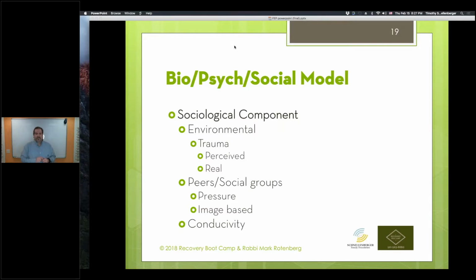Now, I will say this. None of you abandoned or rejected your family members. Trauma is an interesting dilemma because it's a perceived dilemma. And what the addict perceives as their trauma is their trauma, whether those things are real or imagined.